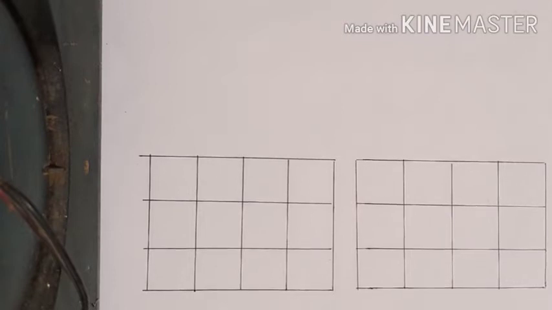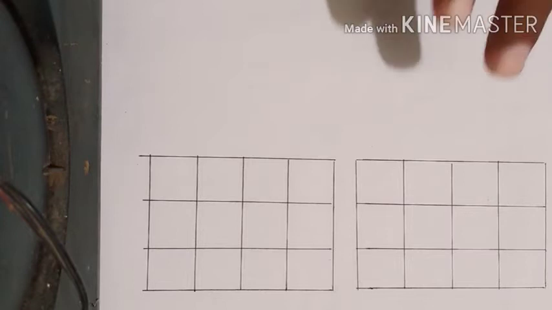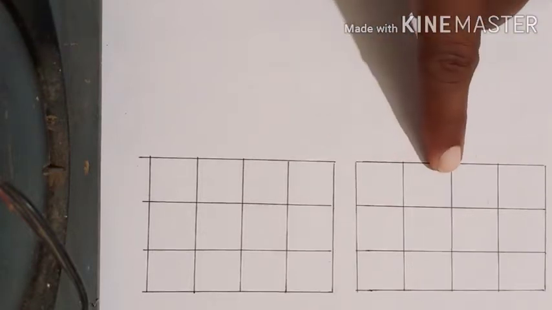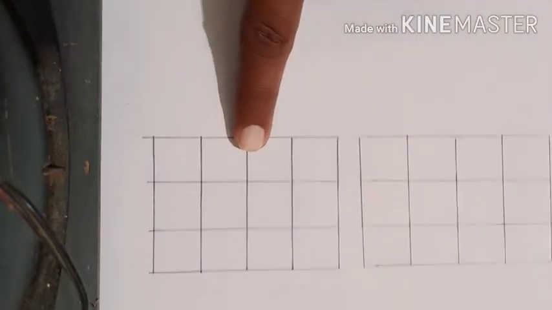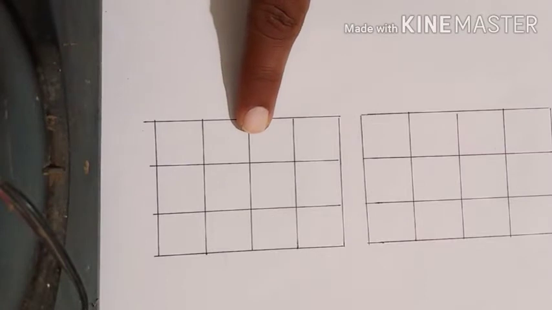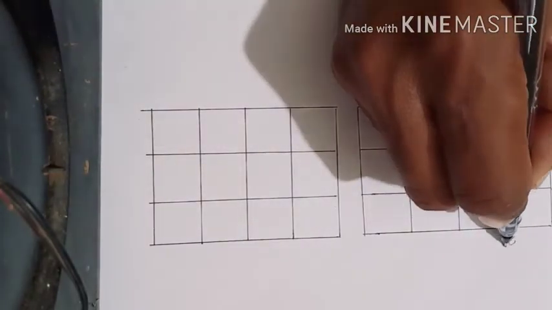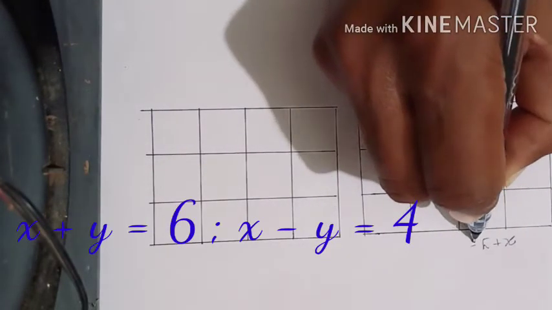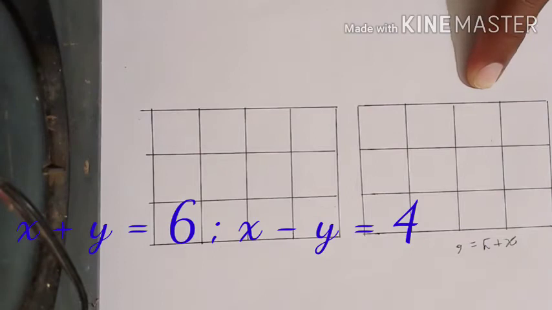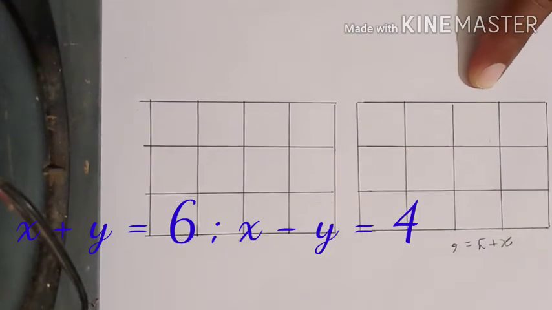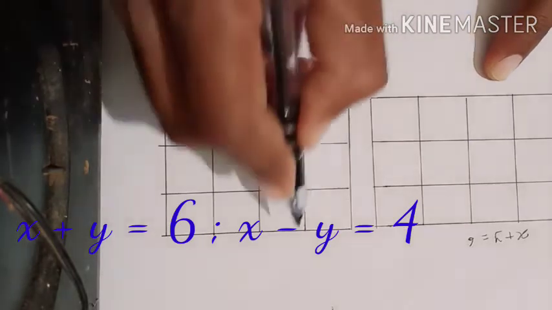You have to make two boxes in this way, and these two equations we have to solve. Write the first equation above the first box, that is x plus y is equal to 6. The second equation is x minus y is equal to 4.